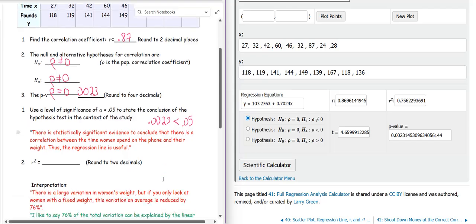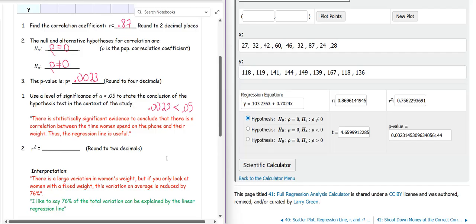Okay, down to r squared. Sometimes that's called the coefficient of determination. R squared, we're also given, is 0.7562. But I was asked only for 2 decimals, so to 2 decimals, that's 0.76. And what does that mean?